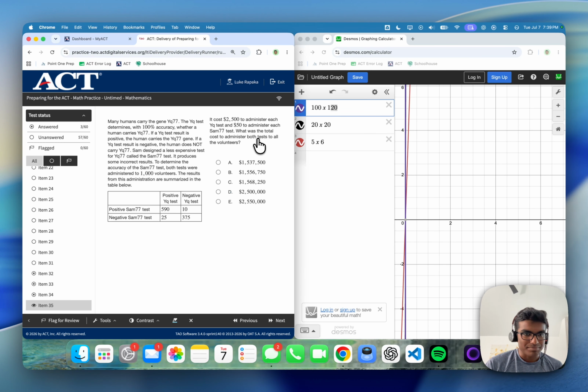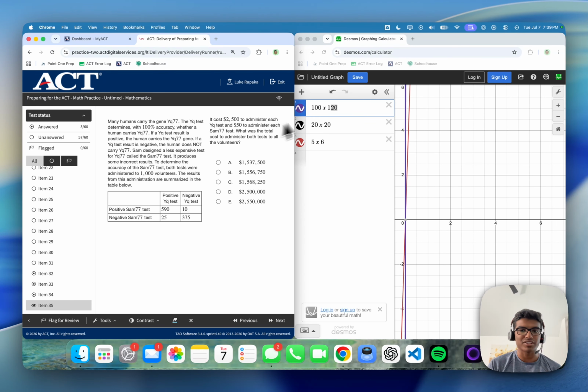All right, it's going to take a minute. It costs $2,500 to administer each YQ test and $50 to administer each other test.